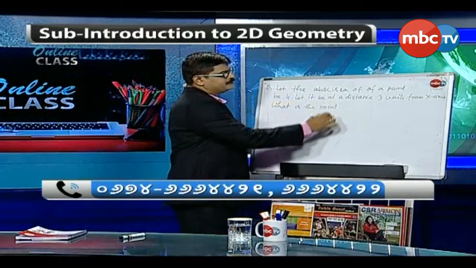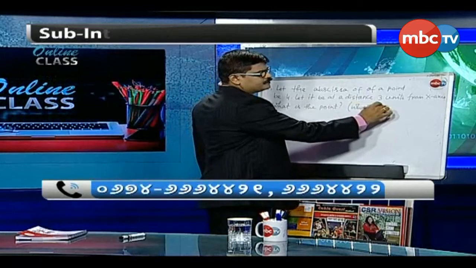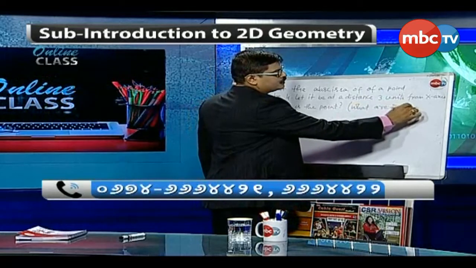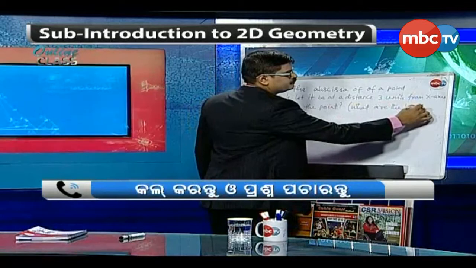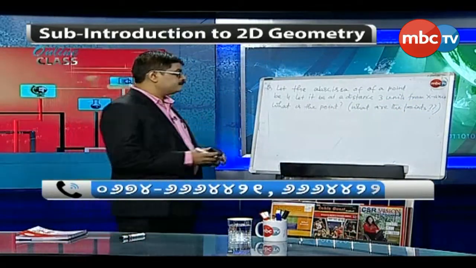What is the point, or what are the points? You may get more than one point also. What is the point? How to see?